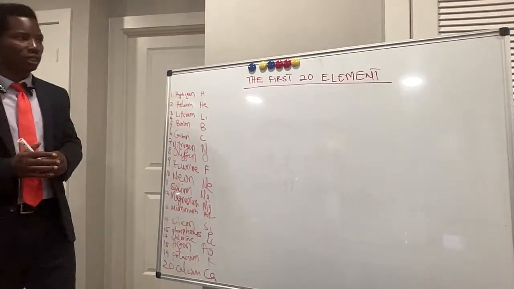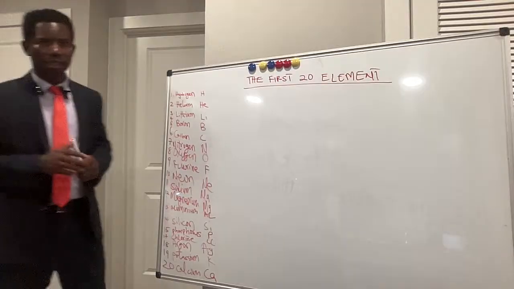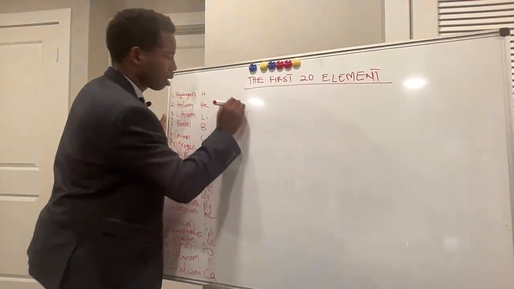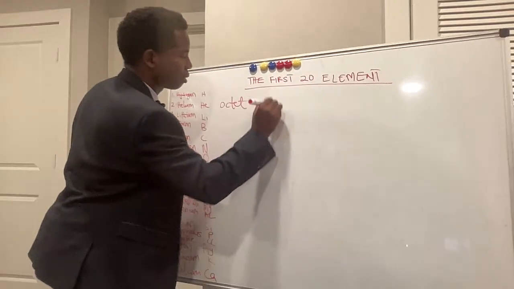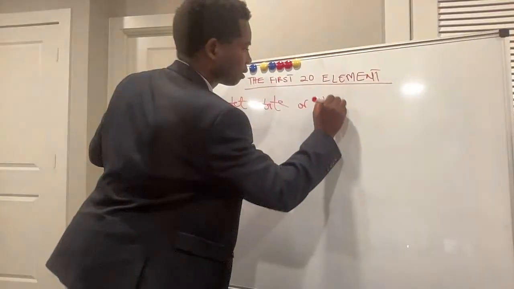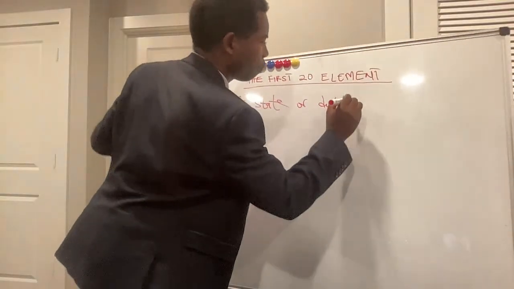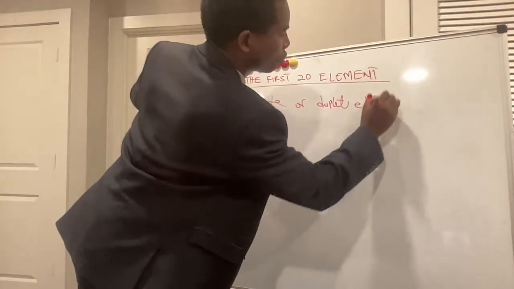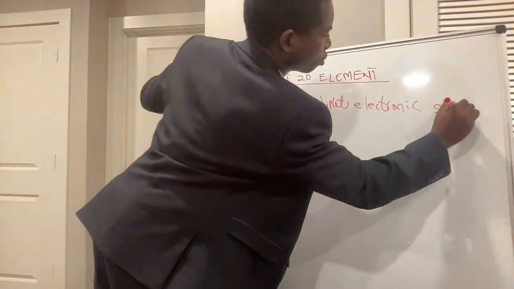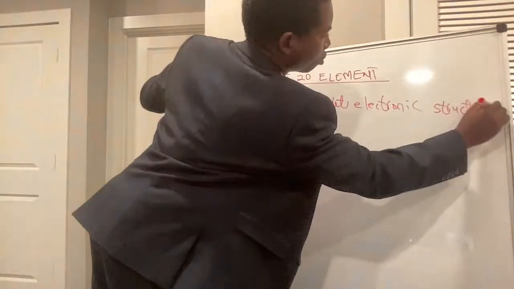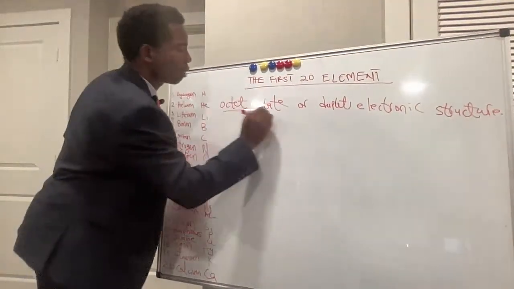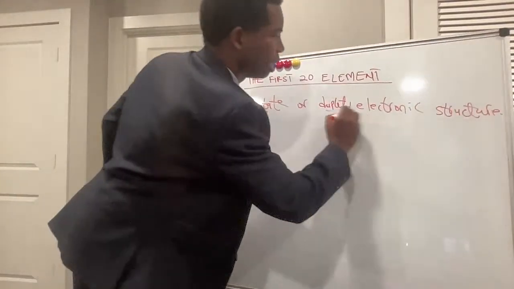Before we proceed, there is what we call an octet state, or duplet electronic structure.